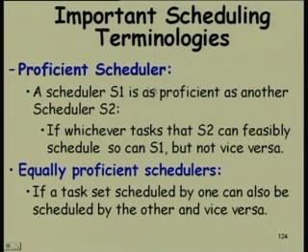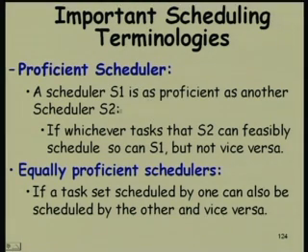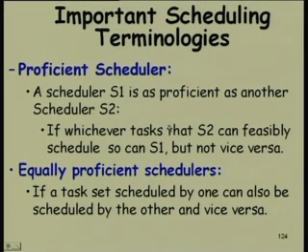So, S1 is at least as proficient as another scheduler S2 if S2 can produce a feasible schedule for a set of tasks, then S1 also can produce. An equally proficient scheduler, on the other hand, is one where if S2 can produce a feasible schedule, so can S1.